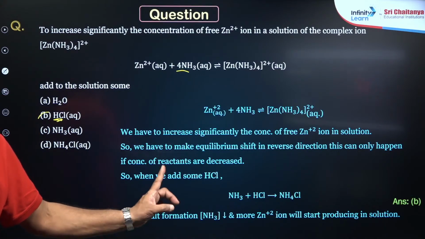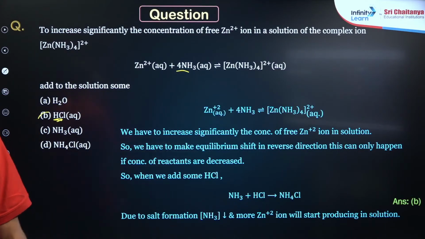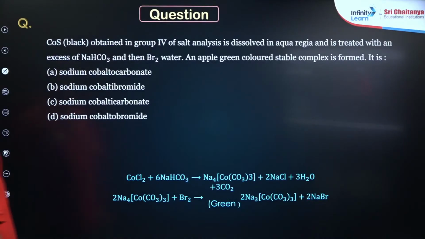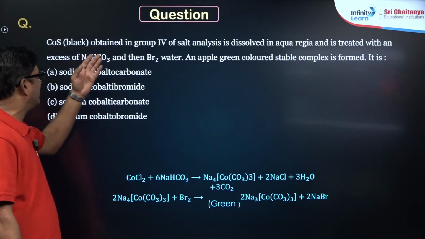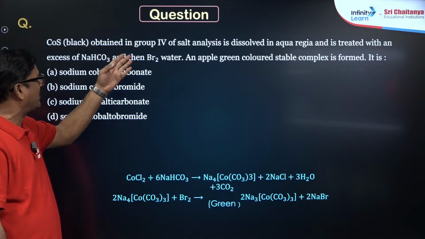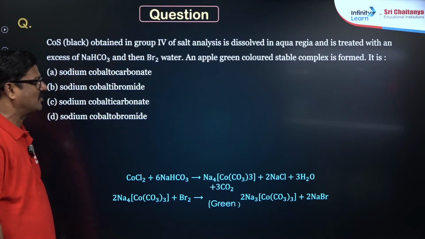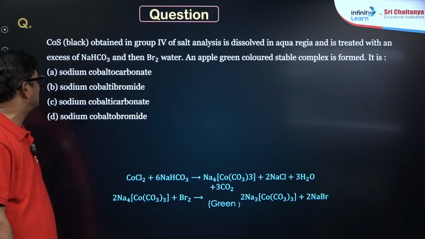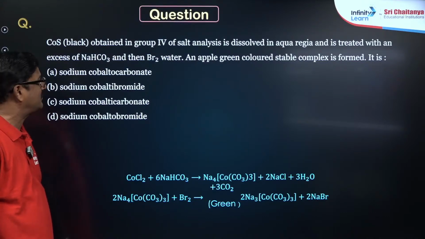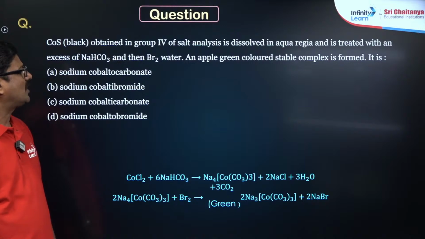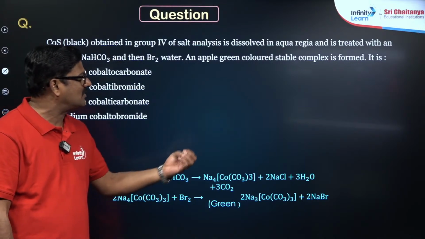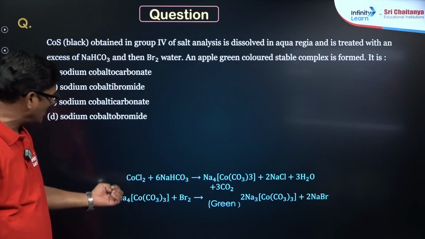My dear children, one more question for you. Cobalt sulfide, a black color obtained in group 4 of salt analysis, is dissolved in aqua regia, and it is treated with an excess of sodium bicarbonate and then Br2 water, and the apple green colored stable complex is formed. How?